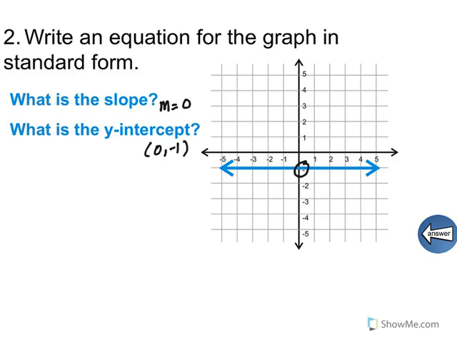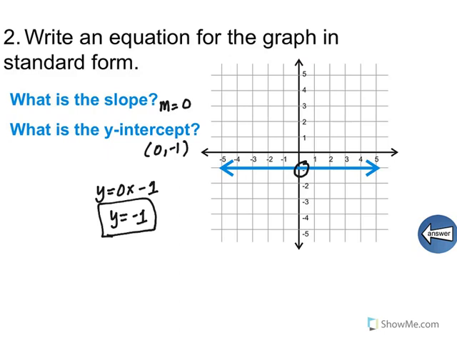So we can write the equation in slope-intercept form, because now we know the slope, which is 0, and the y-intercept, which is -1, so it'd be y equals 0x plus -1. That 0x part goes away, and we're left with y equals -1. This is one of the cases where our equation is not only in slope-intercept form, but also in standard form, because that constant is by itself.